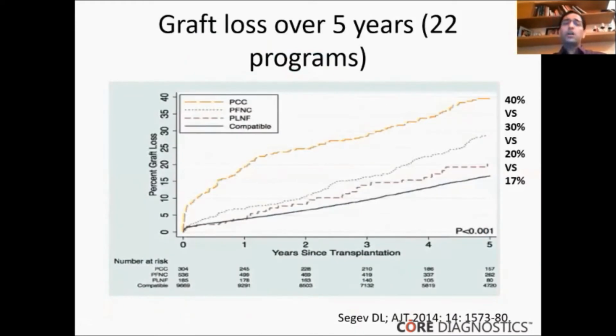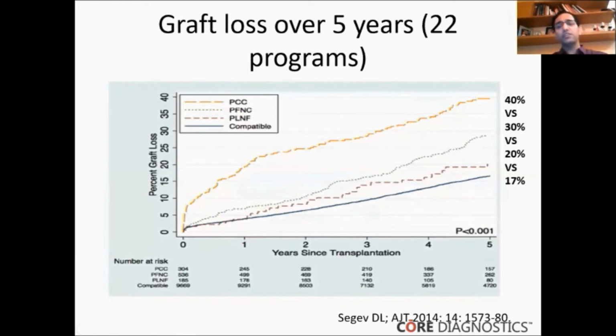So what are the graft losses? That is the Dorry Segev paper from 2014, where he combined the outcomes from 22 programs that were doing desensitization and looked at the percentage graft loss at 5 years. The top yellow dotted line is those who were CDC crossmatch positive.